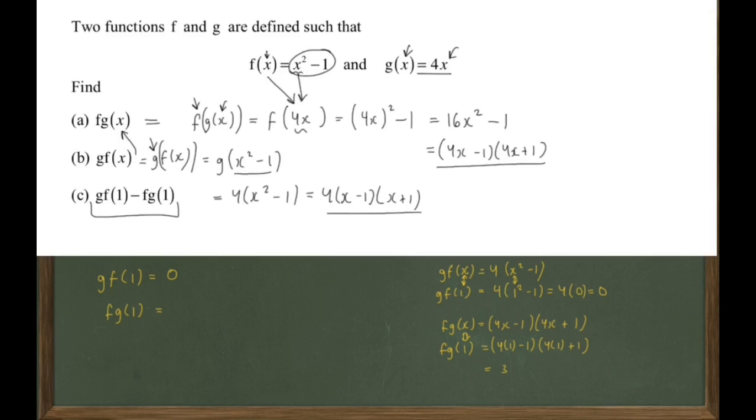And that's just going to give us 3 multiplied by 5, which is 15. So to answer the question, gf of 1 minus fg of 1 is going to be 0, because that's gf of 1, minus fg of 1, which is 15, which is minus 15.